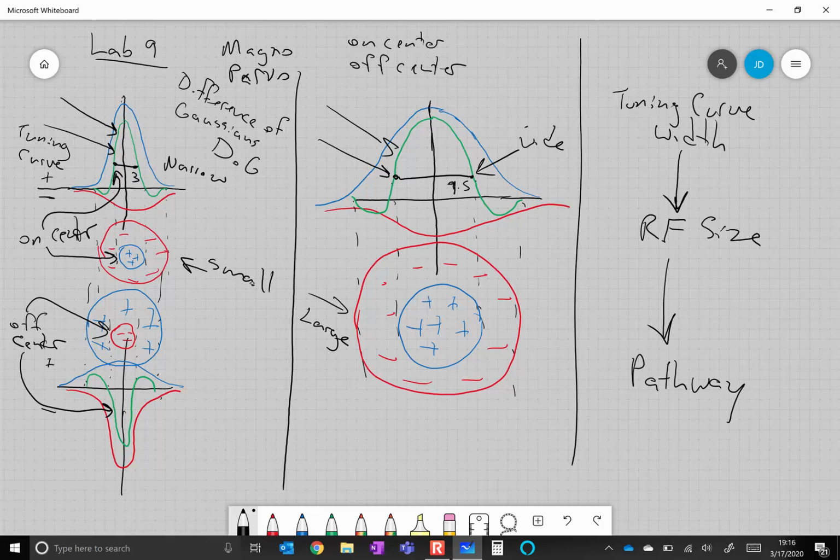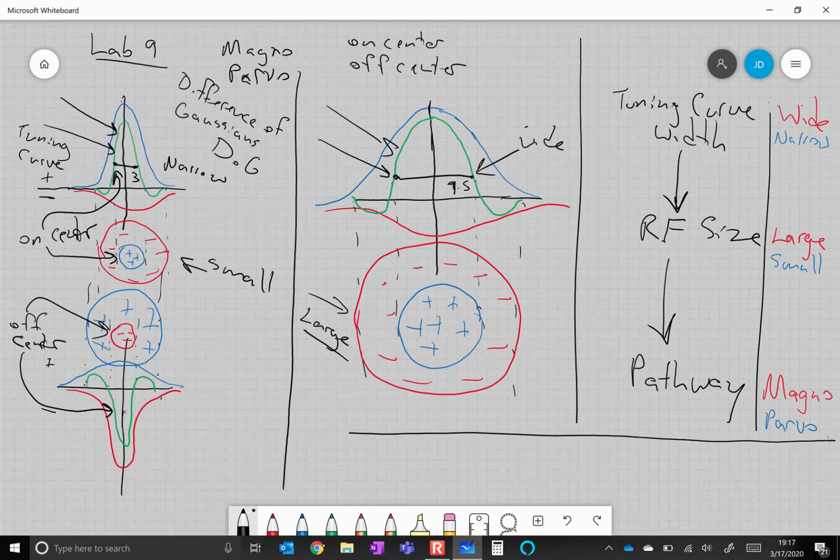And so what we see is, a wide tuning curve means there is a large receptive field, and we know that the large receptive fields belong to the magnocellular pathway. If we have a narrow tuning curve, which gives us a small receptive field, we know that's the parvocellular pathway.